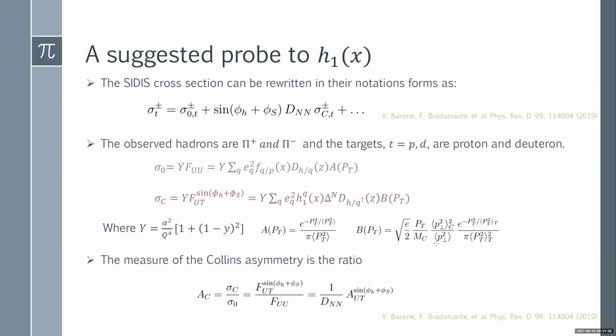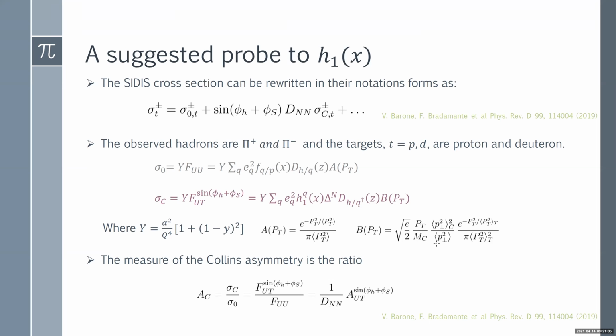Probably it's worthwhile trying out some of the different parameterizations for the PT dependence, which are on the market right now, and see how much this influences your extraction accuracy versus other extractions. Then yes, because that will always be a simplification and an approximation, which will come with a systematic uncertainty that needs to be quantified at some point.